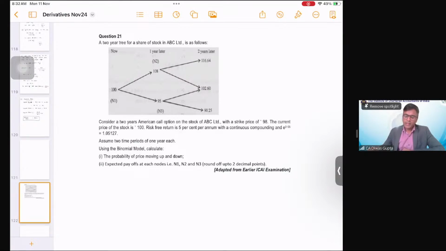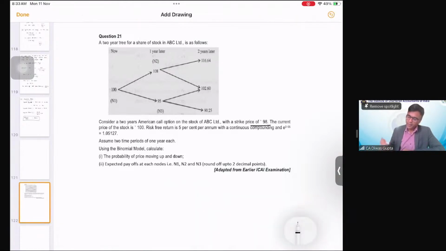And after 2 years, again 108 goes up and down, and N3, which is 95, also goes up and down. Consider a 2 years American call option on the stock of ABC Limited with a strike price of rupees 98. The current price of the stock is rupees 100.